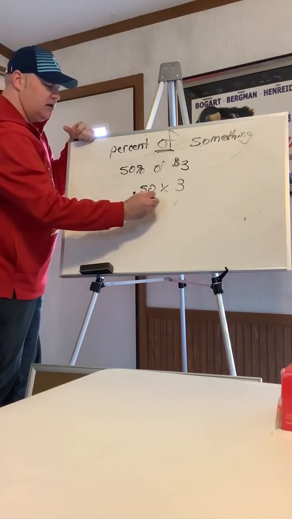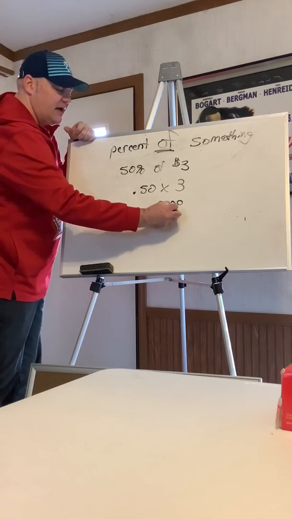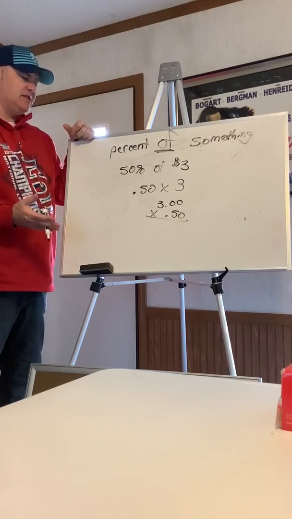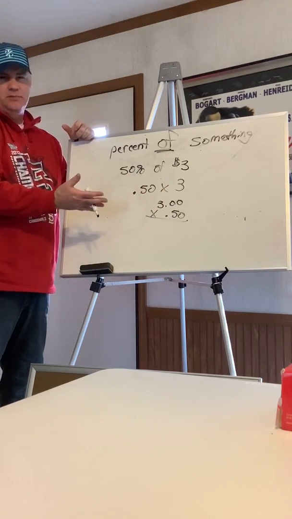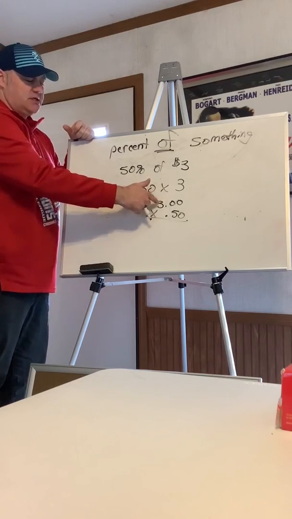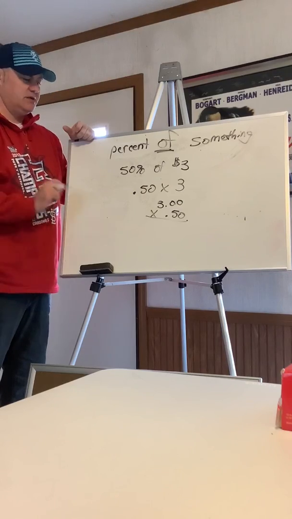I'm going to write it like this, $3 times 0.50, so I can kind of see it. But at the same time, I can pick an easier way to multiply this. Basically, just so you see, I'm taking $3 times 0.50. That's what we're doing.